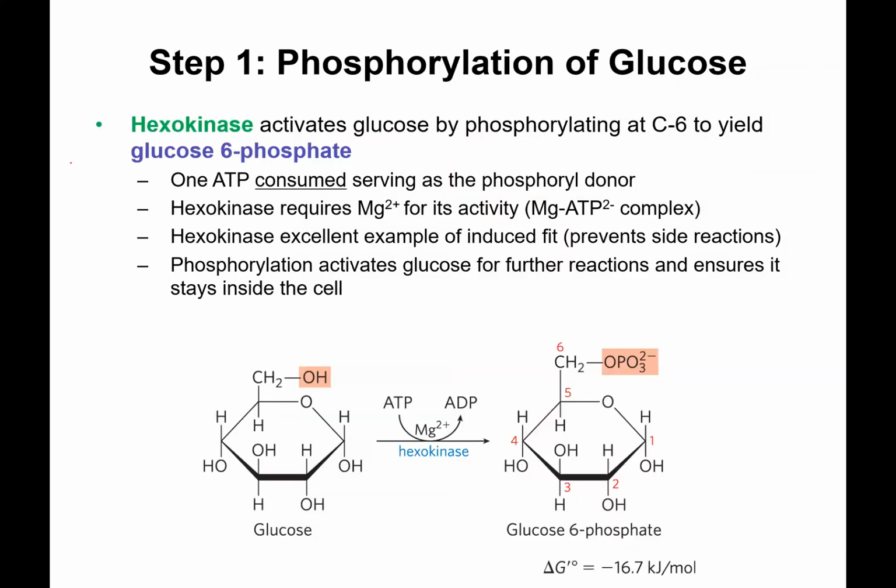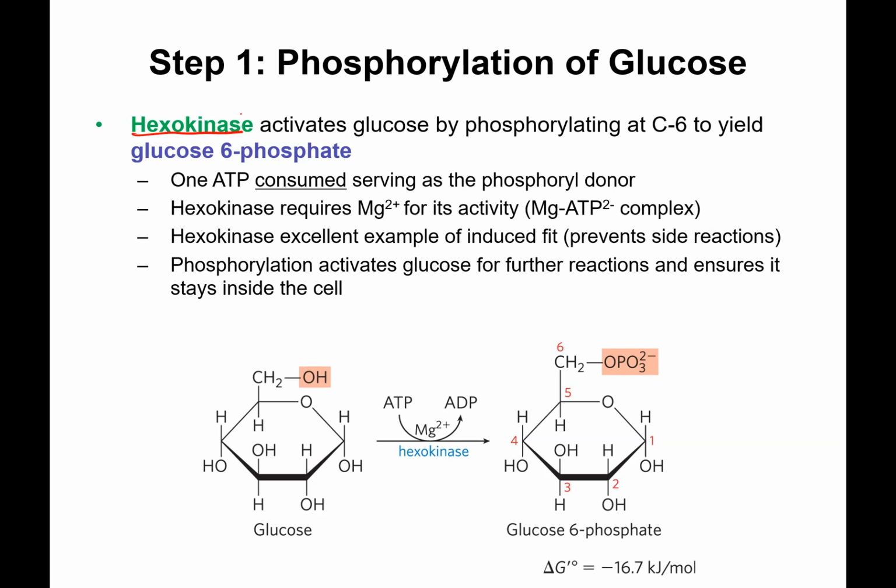Okay, so the first step is catalyzed by an enzyme called hexokinase. And remember I said the enzyme names tend to tell a story? Well, what does this sound like? This sounds like something that is phosphorylating a 6-carbon sugar, namely glucose, right?